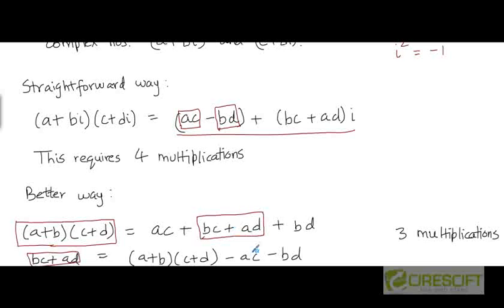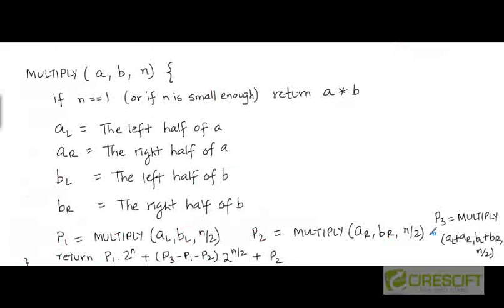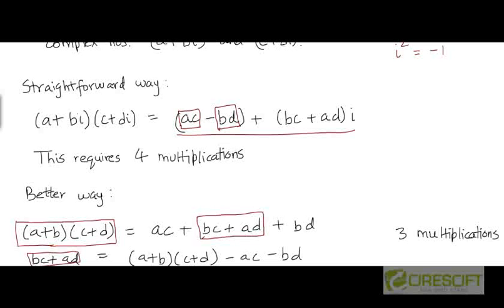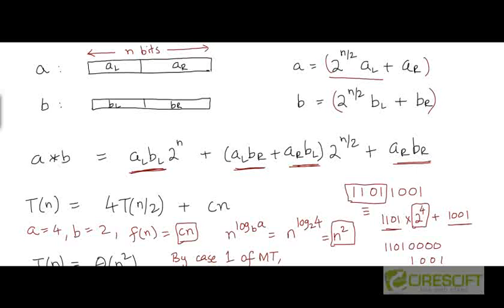So let's use this same idea to modify our divide and conquer algorithm and hopefully end up with a more efficient algorithm. Recall that the product of A and B is given by this expression. And in this expression, we had to make 4 recursive calls to subproblems of half the size, where we have to multiply two n by 2 bit numbers together.